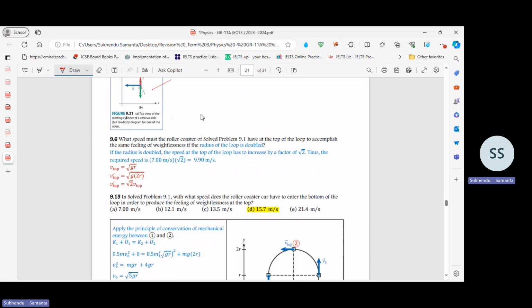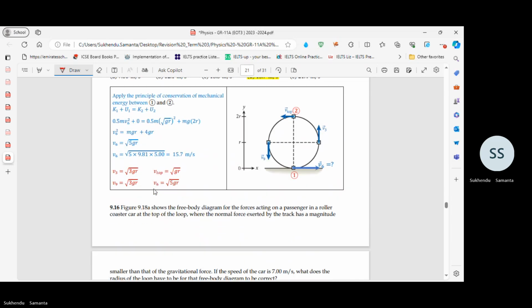And here, this is also a very important question. If the radius of the loop is doubled, I think we solved this question in your classroom. So then what will happen? V top will be square root of 2 times V top. And this is your very important diagram.